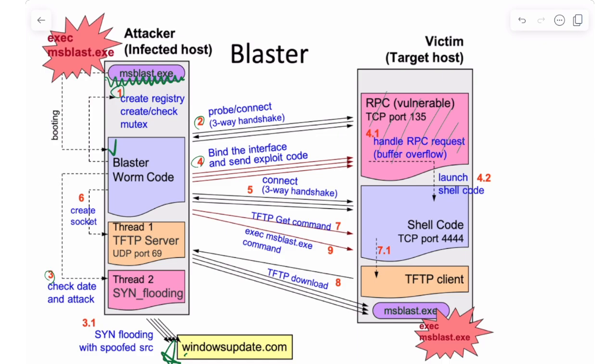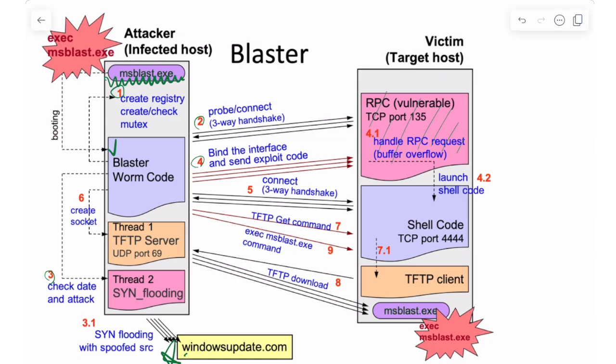So step 4.1, after the vulnerable RPC service get the RPC request from left-hand side, it causes a vulnerability, and it is called buffer overflow. That means the purple part will be crashed. It's crashed. Okay, that's the 4.1.